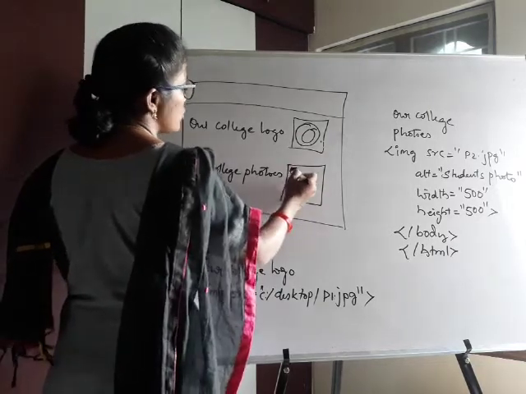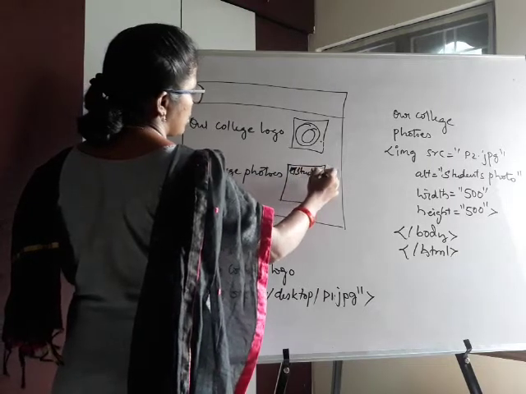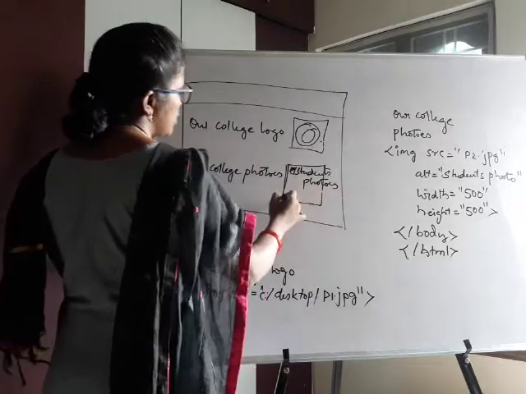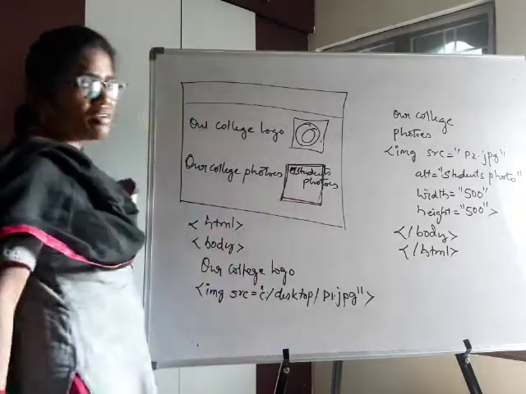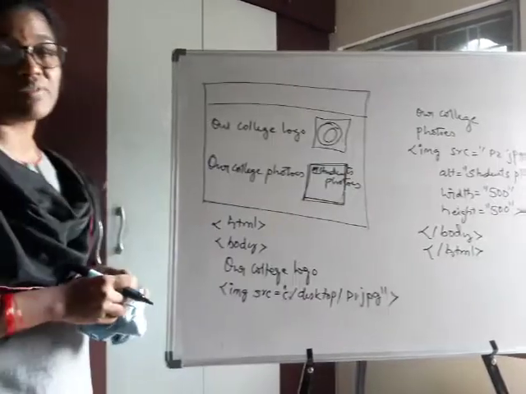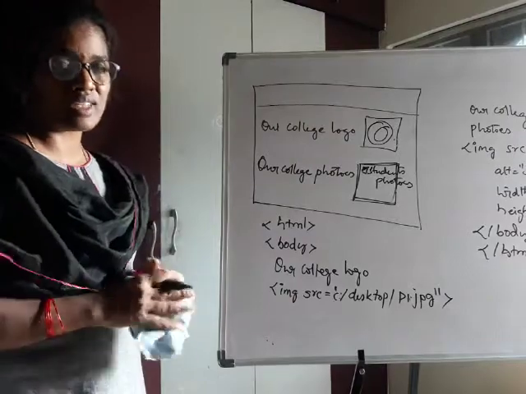Here, instead of the image, I will get the text students photos, and the width and height will be 500 and 500. Like this we can have different types of tags available in HTML.